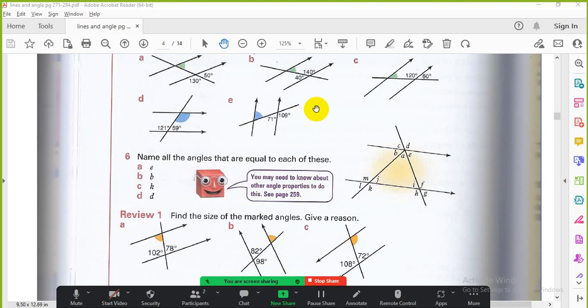Right. D, letter D we can write what? B and F. No, B we can't take because see the size of the angle.